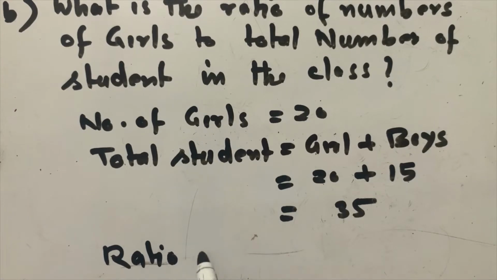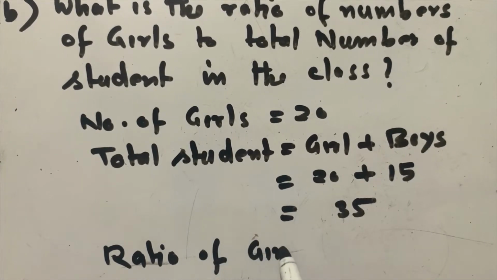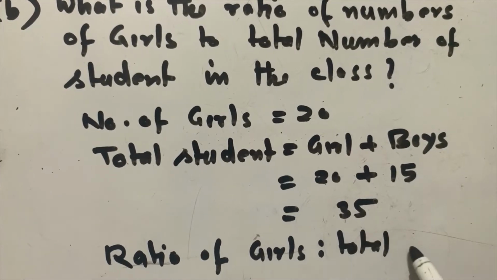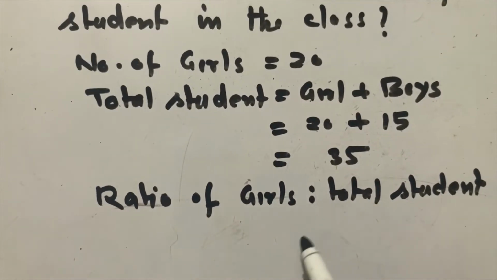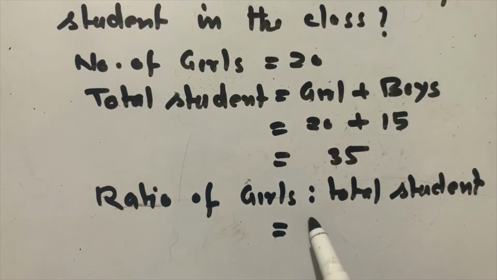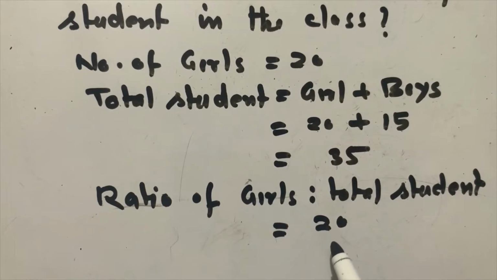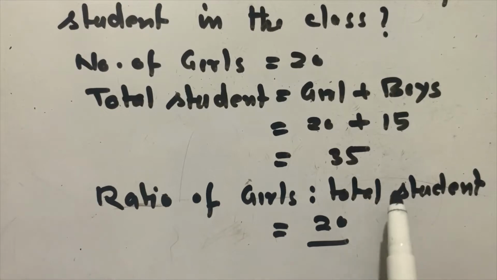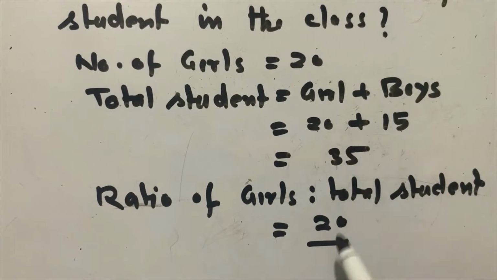Ratio of girls to total students is equal to girls, how many girls, 20. Total students, we have added girls and boys. We got the total students of the class, 35.